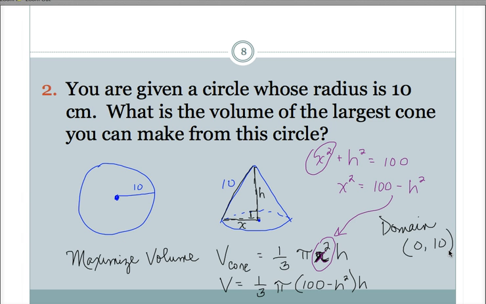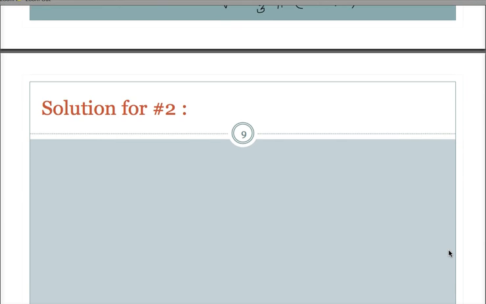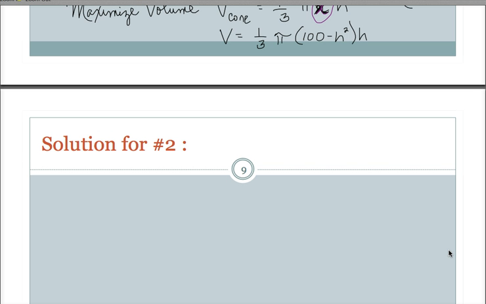So let's pick up right from where I have that volume rewritten, and I'm going to go ahead and distribute that. When I distribute, I get 1/3 pi times 100, then times the h on the outside.